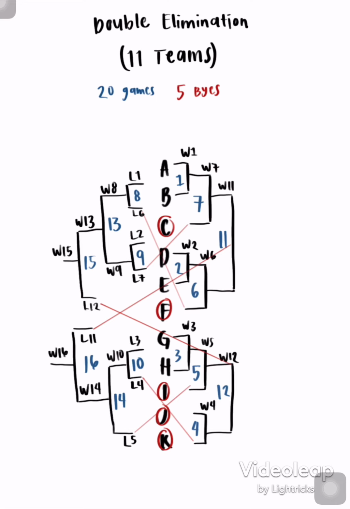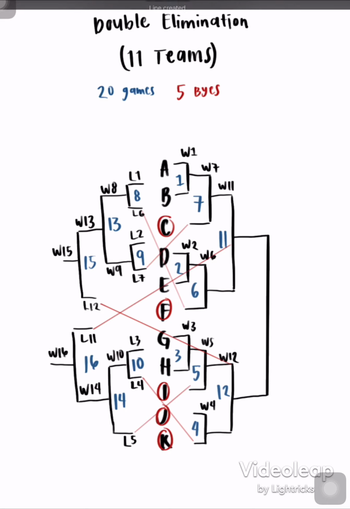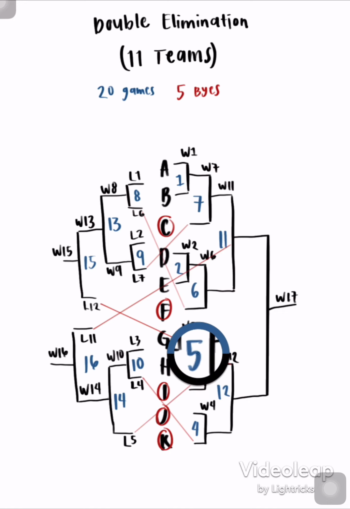Since there are no more losers, we're going to go back here on the right side. So the winner from game 11 is going to compete with the winner from game 12, and there's going to be a winner number 17, since this is game 17.